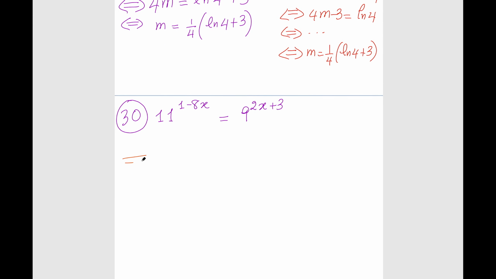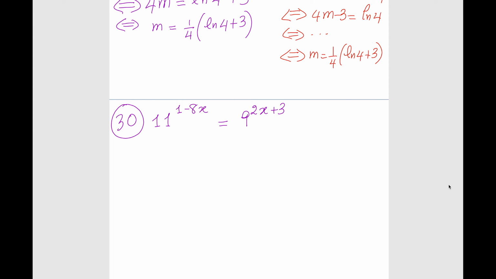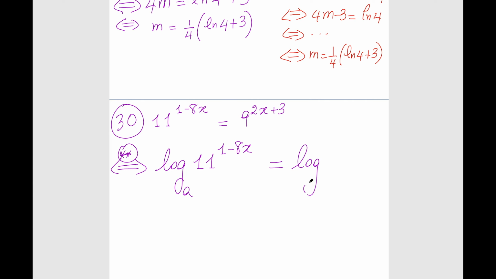As such, by employing double asterisks, we get log base a, again a is something to be determined, of 11 to the power 1 minus 8x is equal to log base a of 9 to the power 2x plus 3.